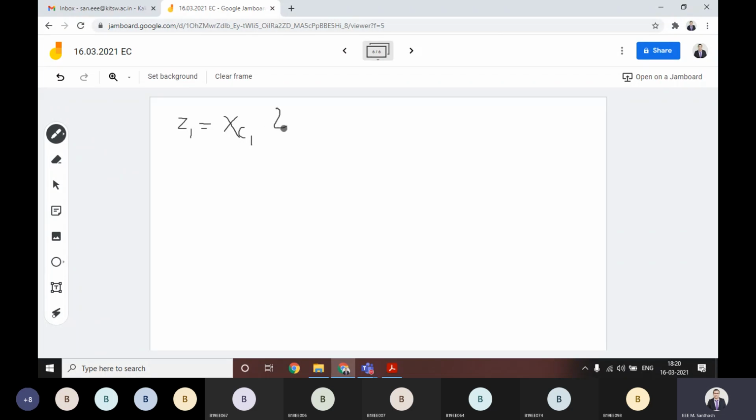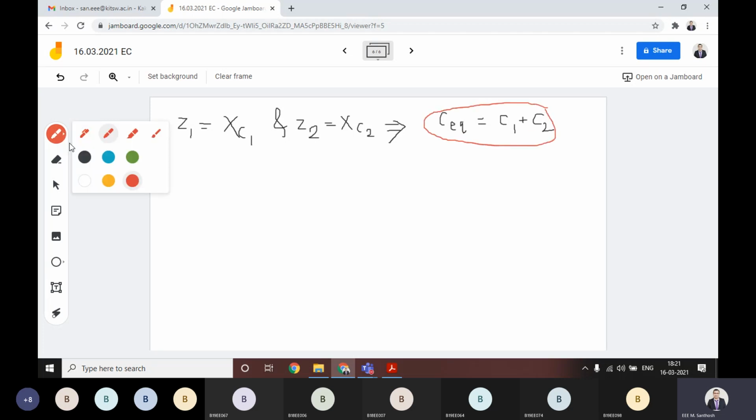Whenever a parallel connection is there, you have to remember that if these impedances are only capacitances, that means XC1, XC2 are there, then the value of C equivalent is simply the sum, C1 plus C2 in the parallel case. You need to remember that in parallel you will have C equivalent equal to C1 plus C2. I hope it is clear now.